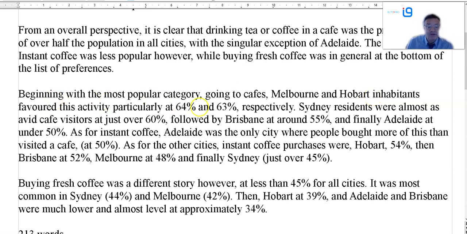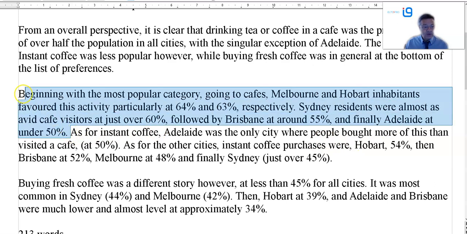Favour this activity particularly, figures, data, respectively. Sydney residents were almost as avid cafe visitors, 60%, 55%, and finally, so this is essentially a listing just of information, but it's got to be logical though, so I would do biggest, second biggest, and smallest, and that would work fine.